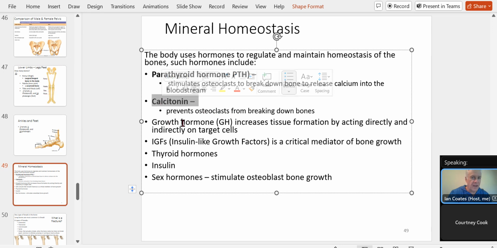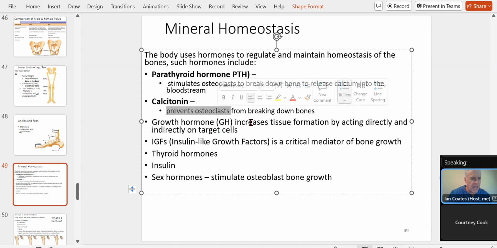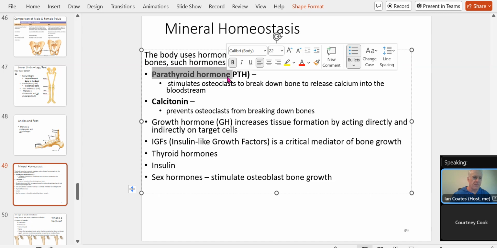Calcitonin, we've heard that one there before, prevents osteoclastic activity. Osteoclasts break down bone. So when the blood calcium gets too high, calcitonin drops and throws the calcium onto the bones. When the blood calcium gets too low, parathyroid hormone, PTH, goes to the bones and robs the bones and brings calcium back into the bloodstream.